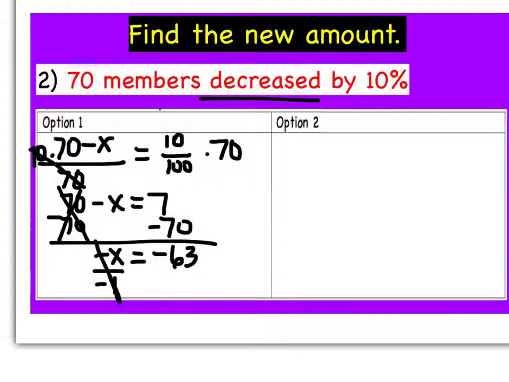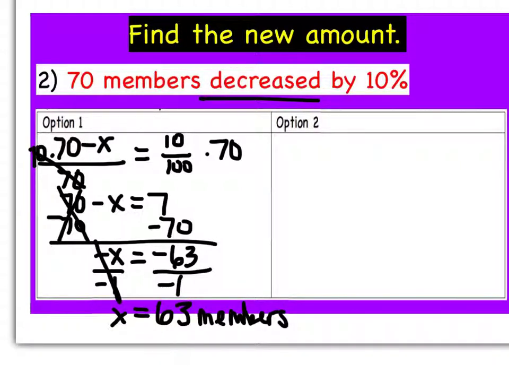That's how those negatives are going to cancel out. Now if I divide by negative 1 on this side, I need to divide by negative 1 on that side. And that's what gets us our final answer of 63. Of course, we need to have our label. So in this problem, it says find the new amount, 70 members decrease by 10%. That is 63 members.